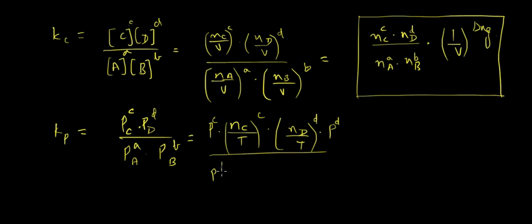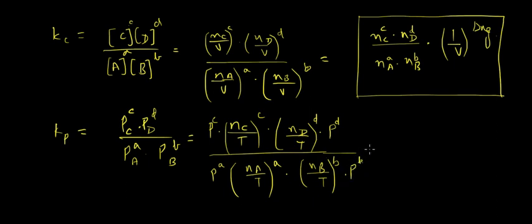Similarly, total pressure raised to the power a, moles of A divided by total moles, which is the mole fraction of A, and moles of B divided by total moles and the total pressure of the mixture.